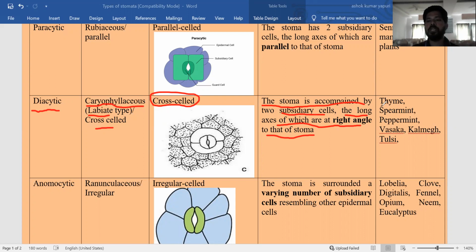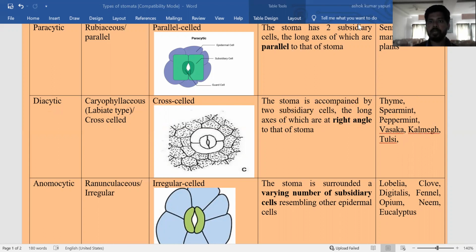The examples here: thyme, spearmint, peppermint, vasaka, tulasi. All these examples come under diacytic stomata. This is the second type of stomata.